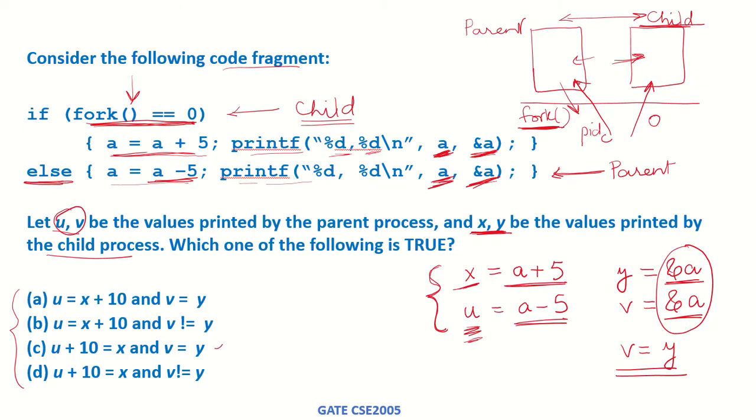So if we look at this statement over here, u plus 10 is equal to x. So u is x minus 10 actually, right? Or we can say that if we add 10 to u, we will get x. So this is the correct answer. u plus 10 is equal to x and v is equal to y.